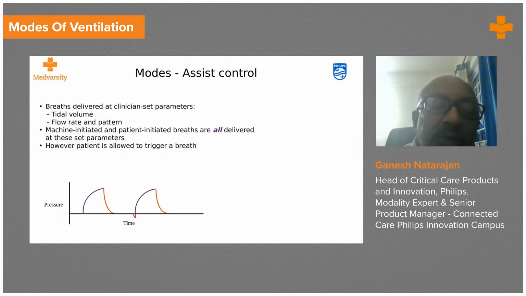So once the patient has tried to pull either a pressure or a flow, the machine understands it and prepones the next mandatory breath, provided the patient has triggered. So what does this mean?